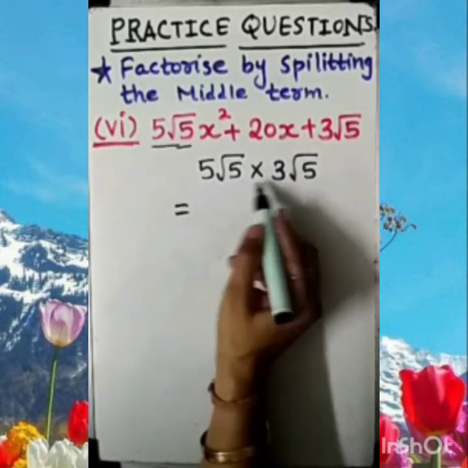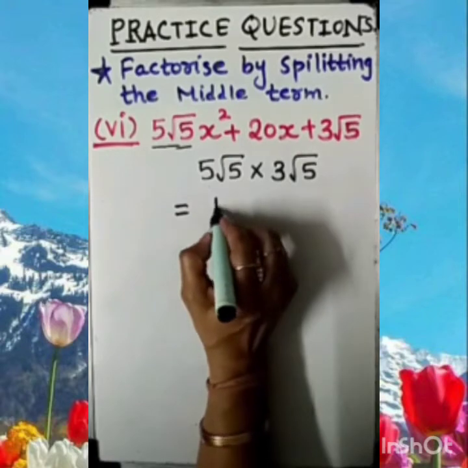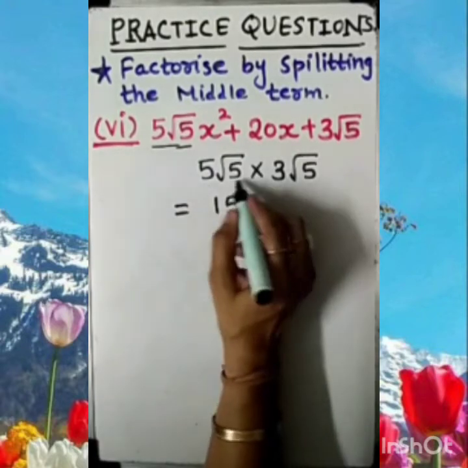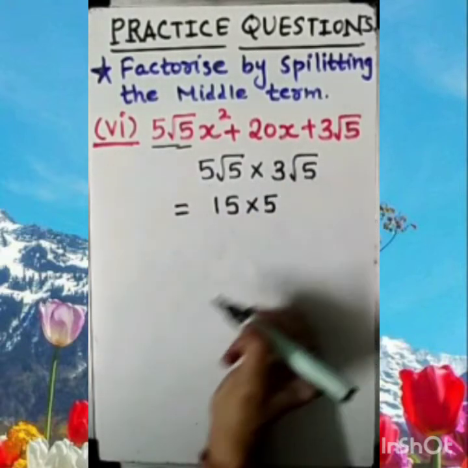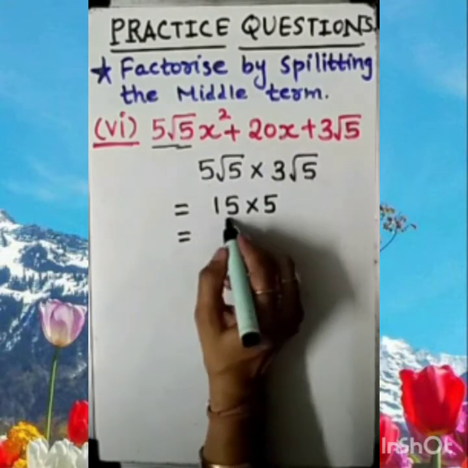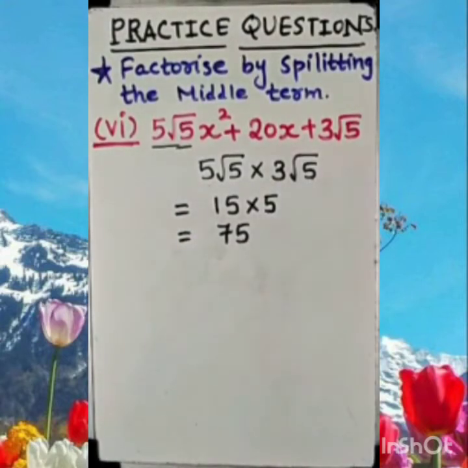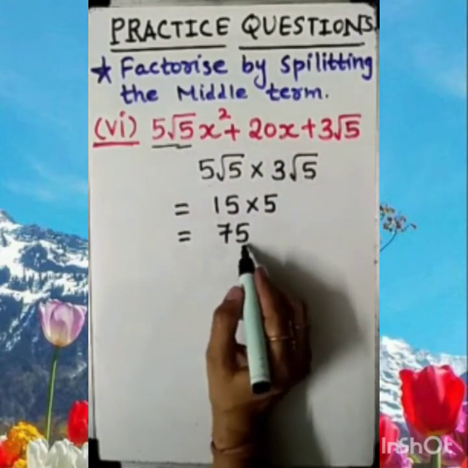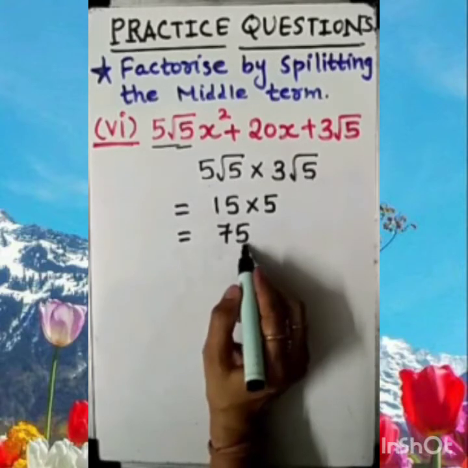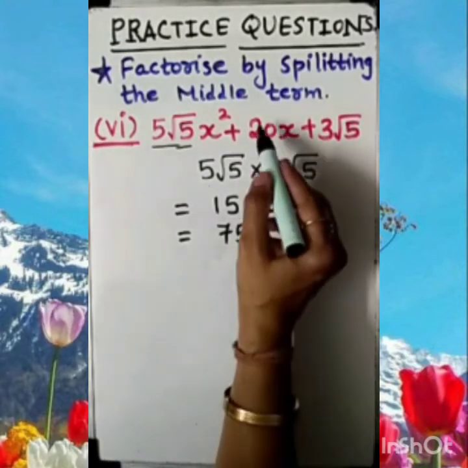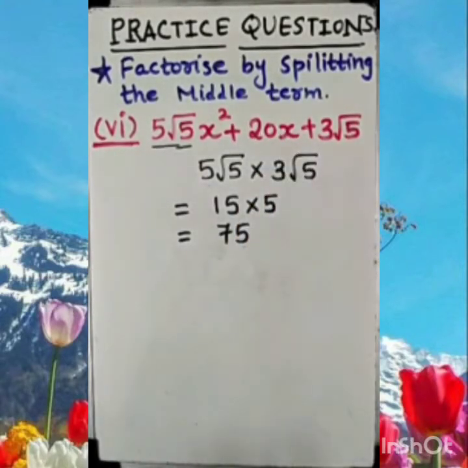What is the product of this? 5 times 3 is 15, and root 5 into root 5 gives 5. As we know, 15 times 5 is 75. Which is very easy, because now we want factors of 75 such that we have 20 as the sum of those two factors.